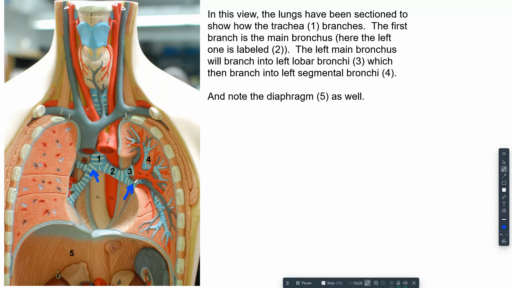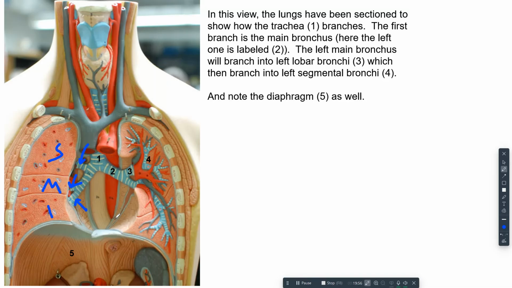So 2 lobar bronchi on the left because there's only 2 lobes, right? Superior, inferior lobe. On the right-hand side, I'm going to have a superior lobar bronchus, an inferior one, and a middle one, okay? Because I got 3 lobes here. I can see my 3 lobes ever so nicely right there.